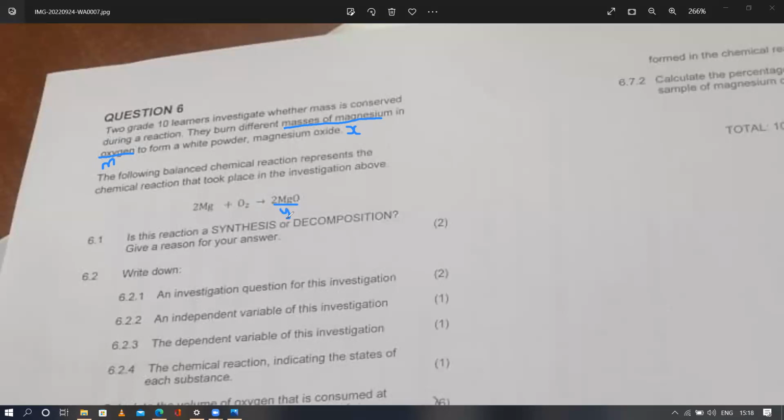Oh yeah, sorry. The oxygen is constant, so it's not your gradient. It's basically C. So what happens here is that the oxygen is controlled, the masses of magnesium is independent, and the amount of magnesium oxide produced is gonna be the dependent variable.